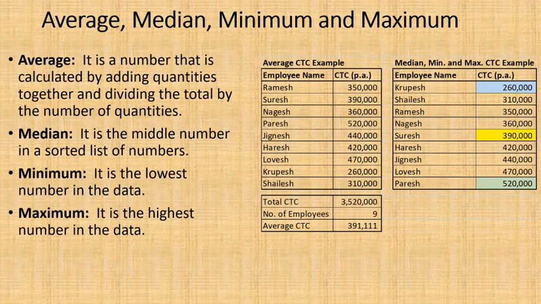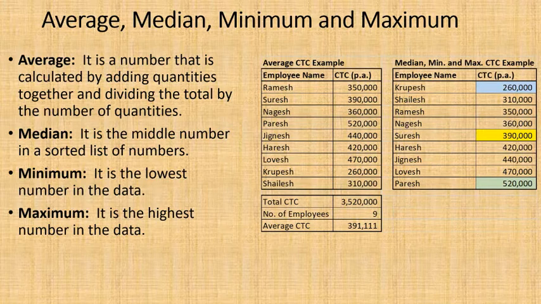Now quickly let's also see what are average, median, minimum, maximum salaries. Average, as we all know, is a number that is calculated by adding the quantities together and dividing by the number of quantities. Here in this example, in the first table, I have taken the hypothetical salaries and names of some 9 employees.